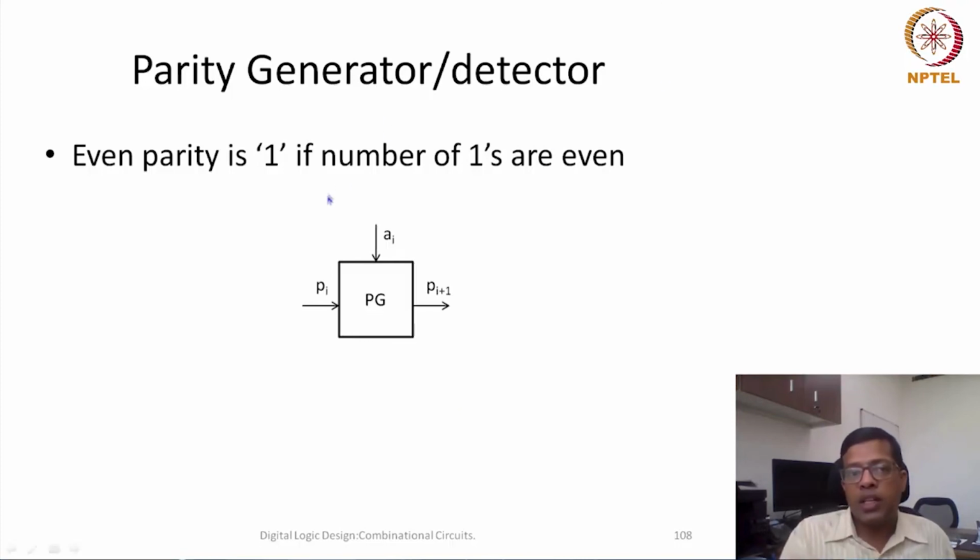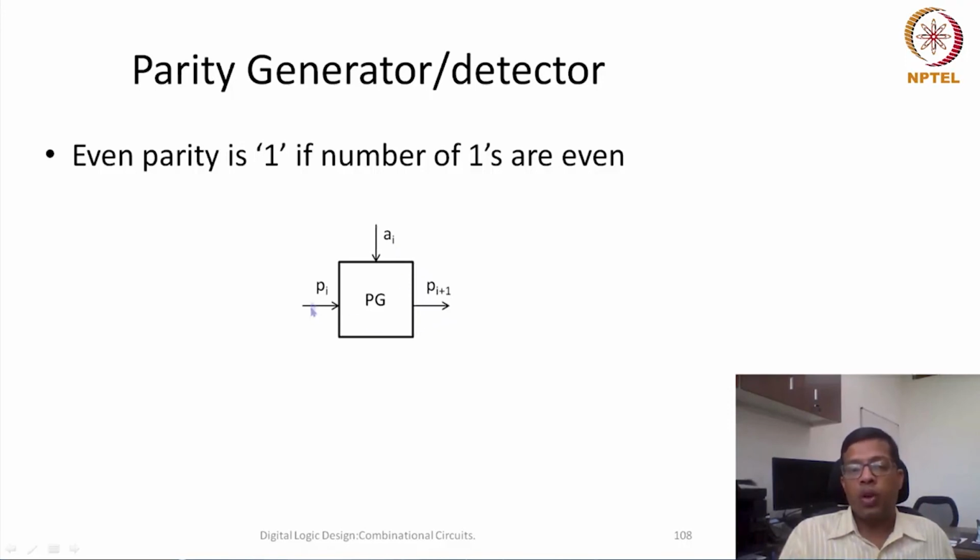Now since we are saying that even parity is 1 if the number of ones is even, this pi would be 1 if the number of ones in a0 to a(i-1) was even and ai is 0.